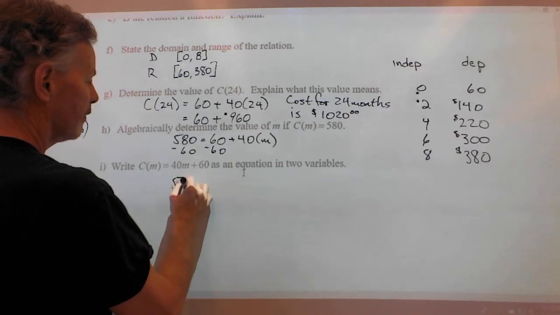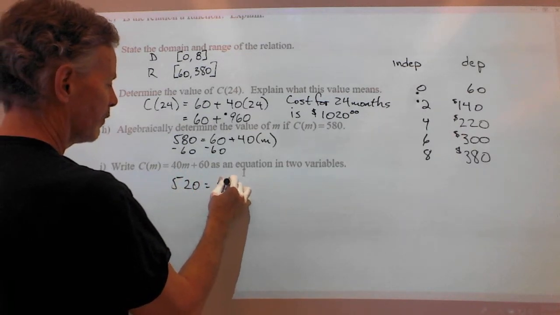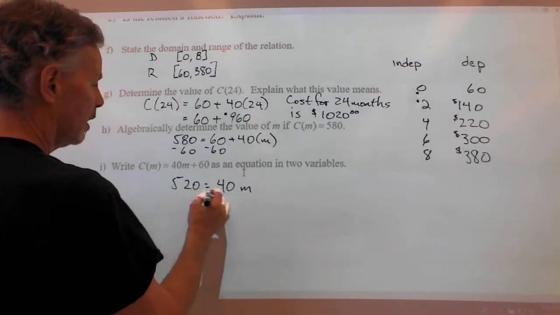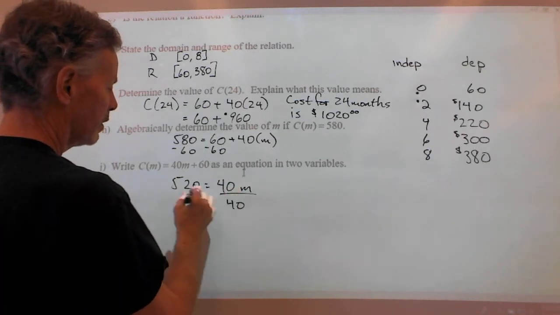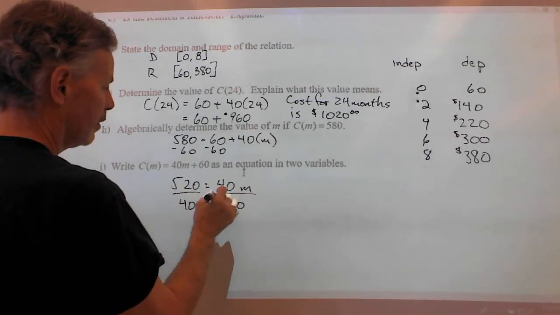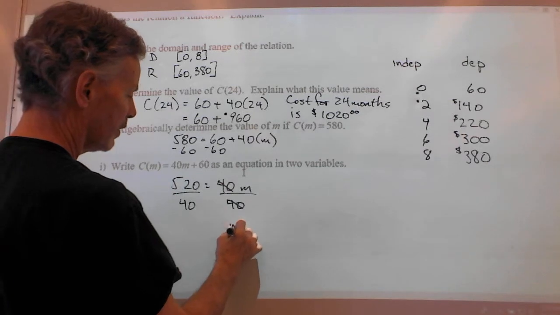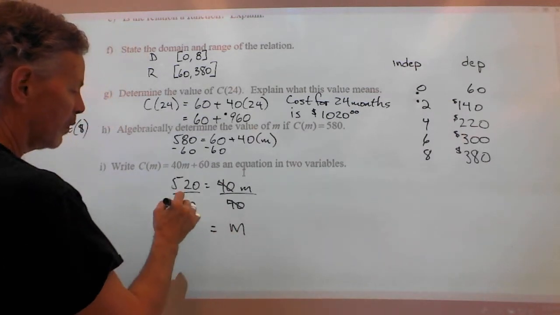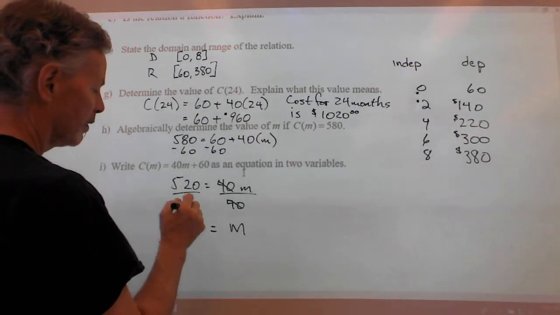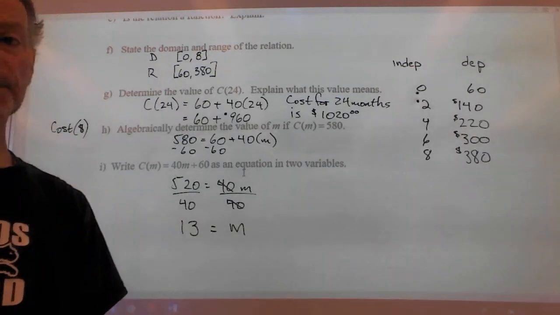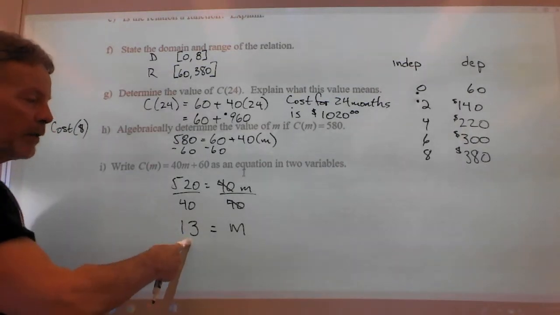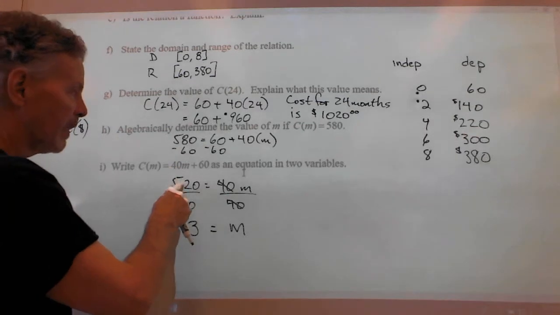That gives us 520 equals 40M. Divide through by 40 on both sides. 40 divided by 40 is 1. You're left with M. 520 divided by 40 is 13. Okay? So for a 13-month membership, you are paying $520.